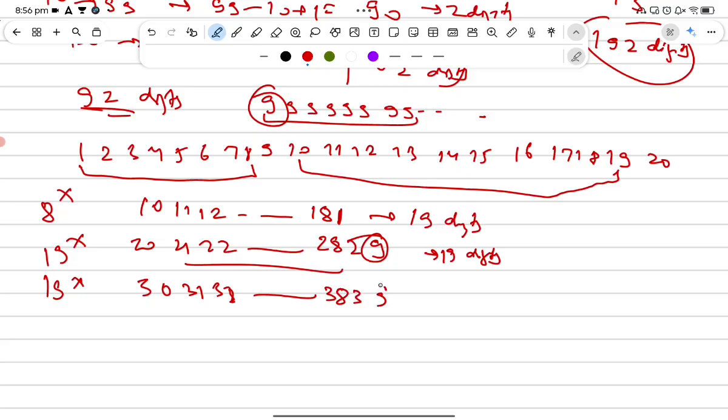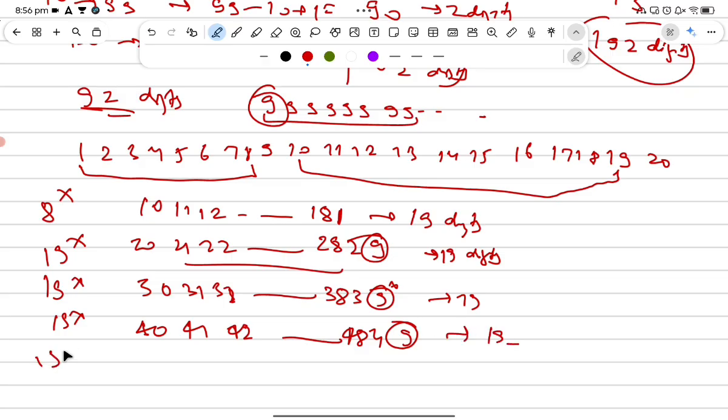We won't delete the 9, so once again 19 more digits. Now 40, 41, 42, up to 48, 49 we won't delete. So 19 digits more. Till now we have deleted 19 times 4 plus 8. How much is that? 84 digits.